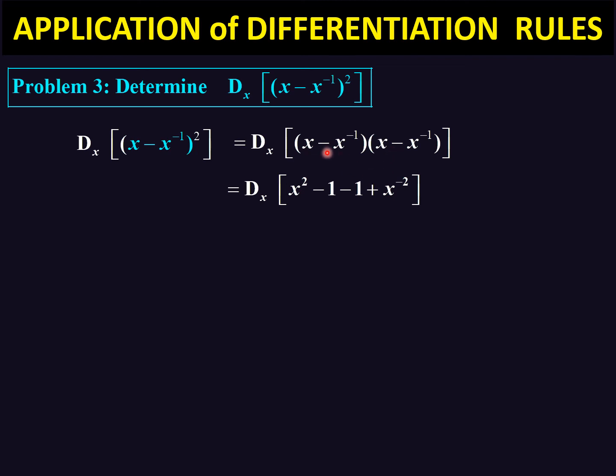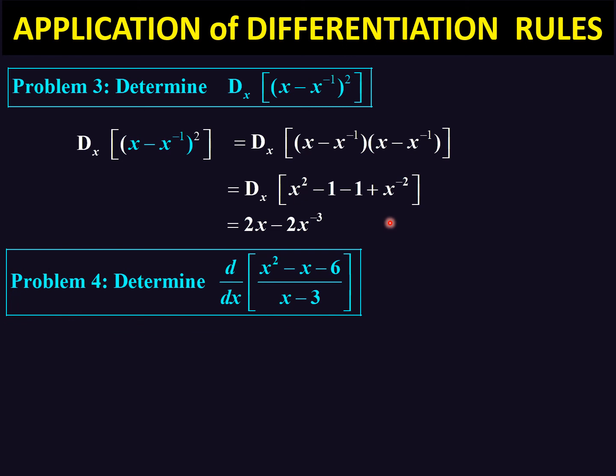They're both negative. Negative times a negative is a positive. x to the negative 1 times x to the negative 1. Remember, we add the exponents. That's negative 2. Now we're ready to differentiate. Let's differentiate that. That's correct. 2x, negative 2x to the negative 3.